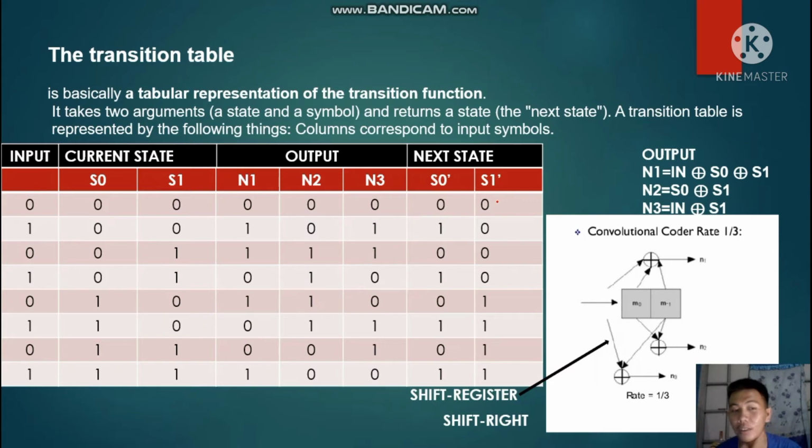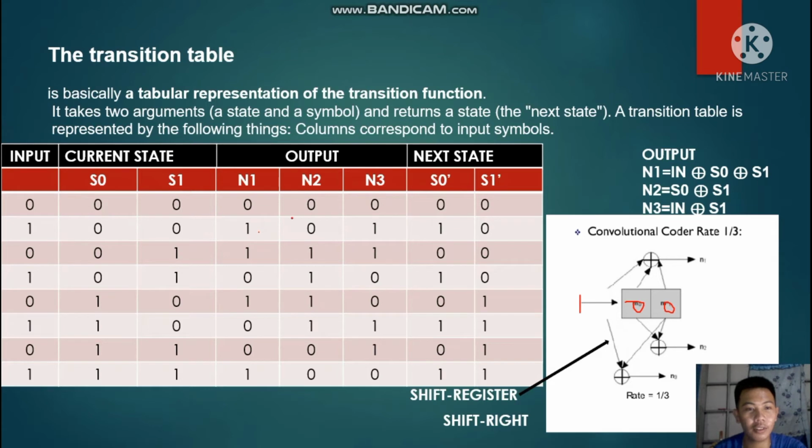So next we have an input of 1. Let's assume our current state S0 equals to 0, our S1 is equals to 0. For getting the value of N1, we have this formula, input XOR S0 XOR S1. So we have here input of 1 XOR 0 XOR 0. So we have the value of 1.